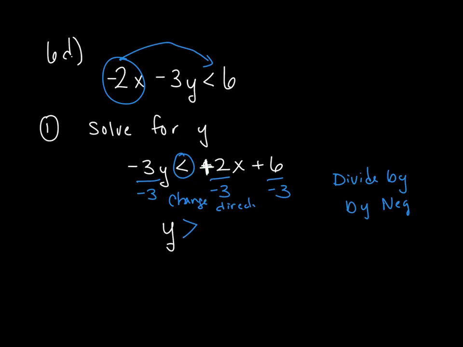That becomes a positive divided by the negative becomes a negative 2/3 x, and over here the positive 6 divided by the negative 3 becomes a negative 2.